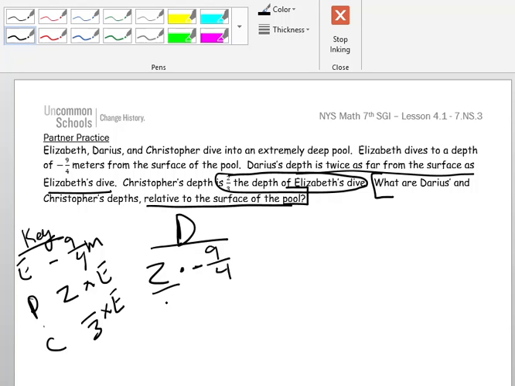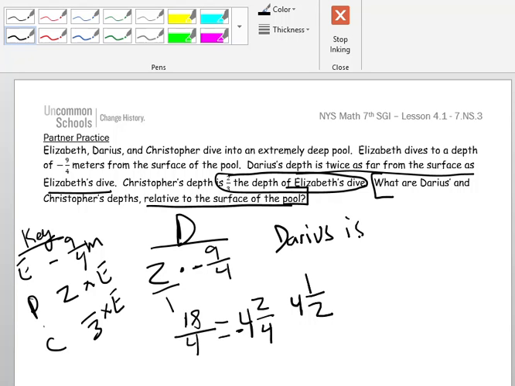I'll change that into 2/1 times negative 9/4. 2 times 9 is 18, and then 1 times 4 is 4. 4 will go into 18 4 and 2/4 times, or 4 1/2. So Darius is at negative 4 1/2 meters.